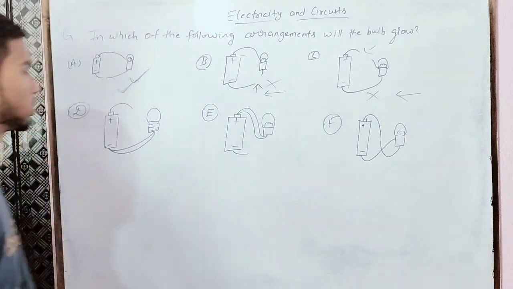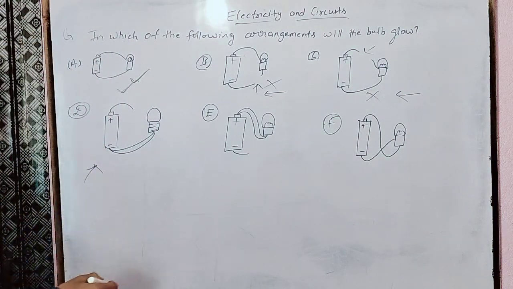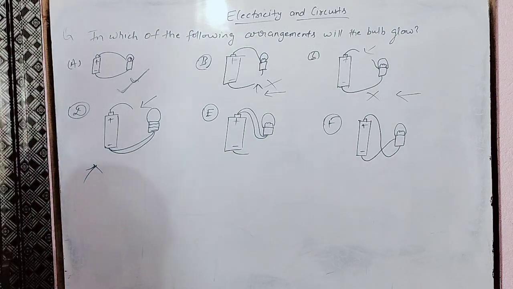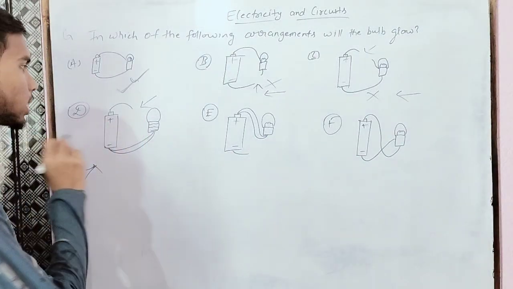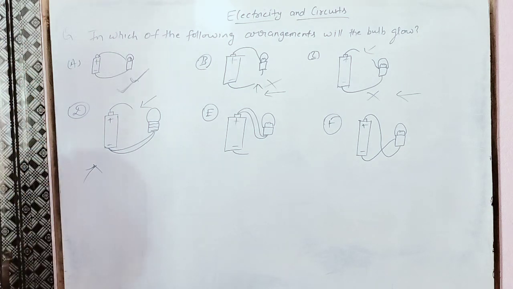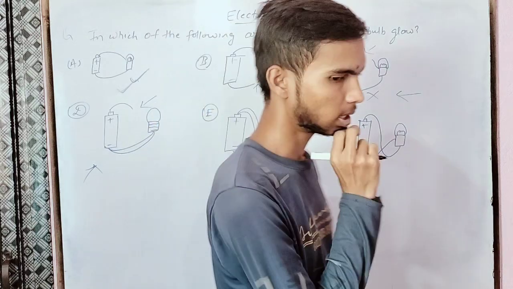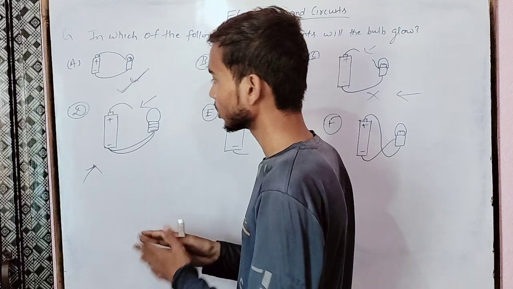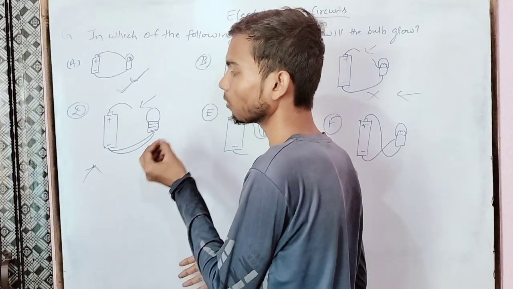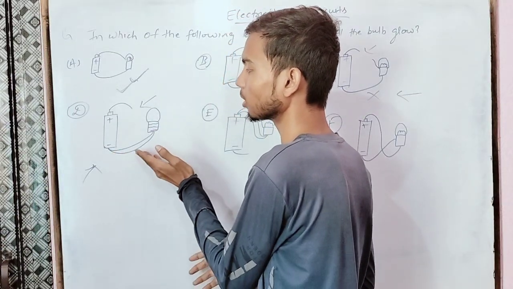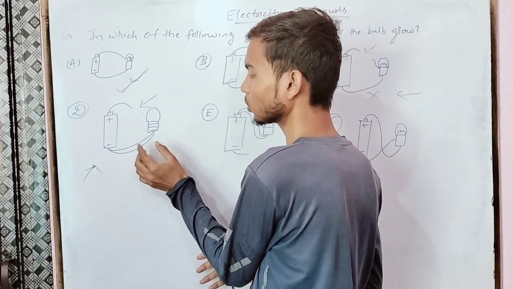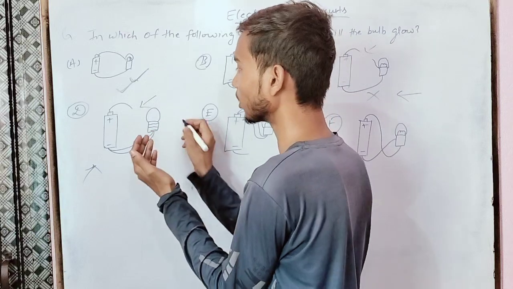Now next, here again you can see this one is broken. This wire is not connected to this bulb, and in this figure two wires are connected from only one terminal of the electric cell to one side of the electric bulb.